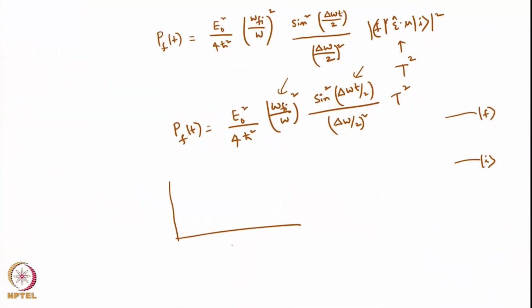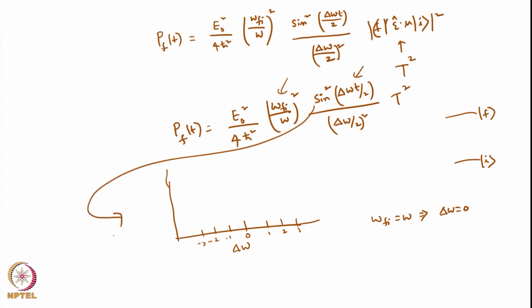And now if I plot delta omega, this is 0, that means omega Fi is equal to omega, this is delta omega equal to 0, and then you can think of some units 1, 2, -1, -2, -3, and then 1, 2, 3, etc. And if I plot this function here, that is nothing but sine square del omega t by 2 whole square divided by del omega by 2.